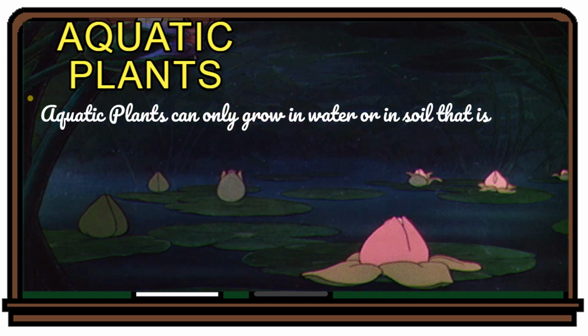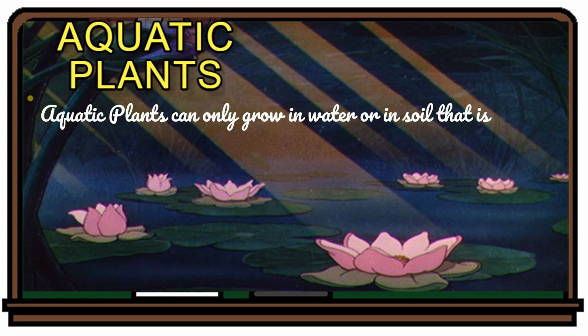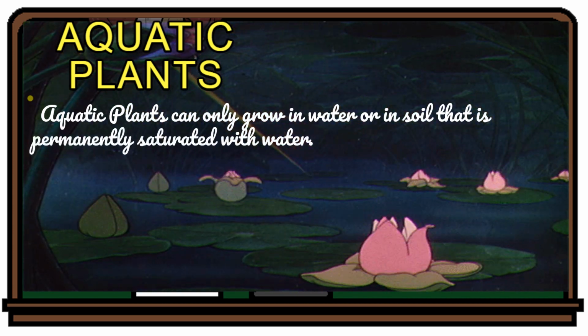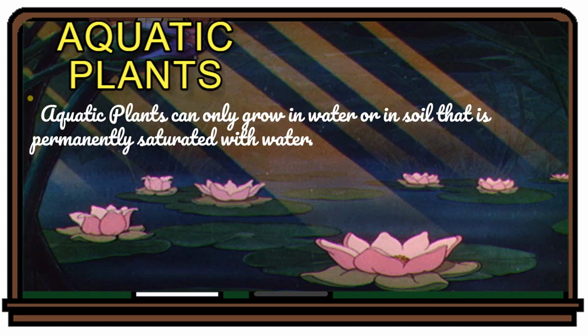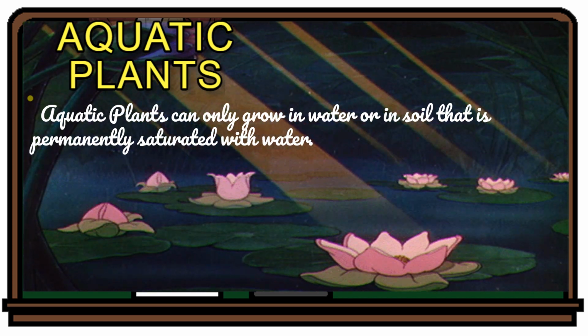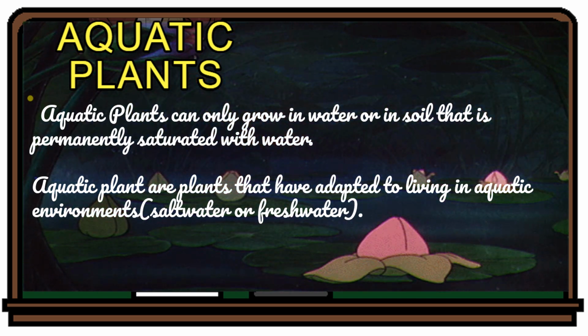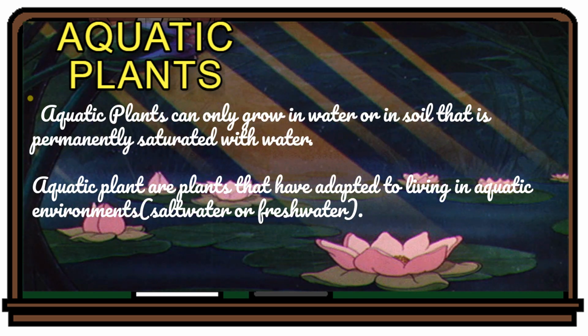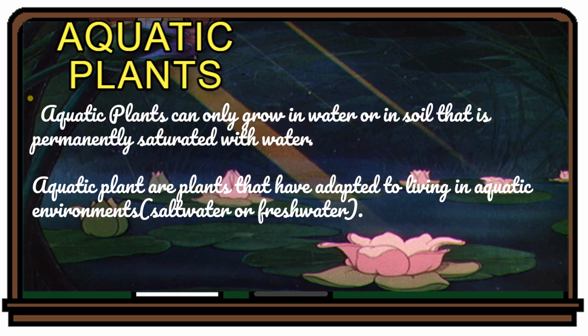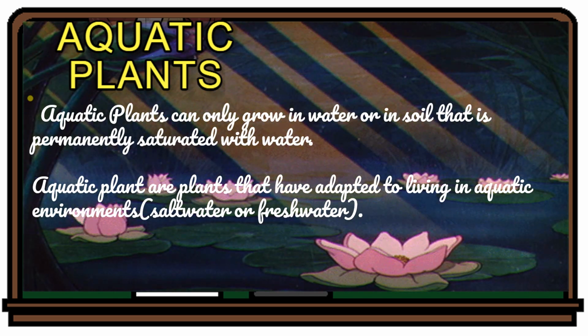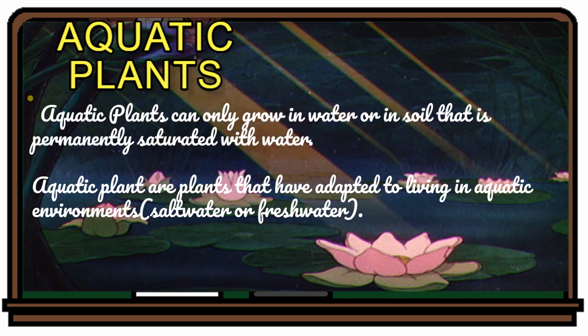Aquatic plants can only grow in water or in soil that is permanently saturated with water. Aquatic plants are plants that have adapted to living in aquatic environments, such as salt water or fresh water.